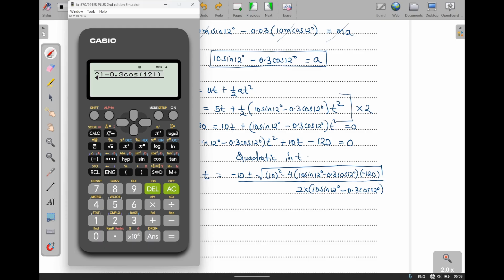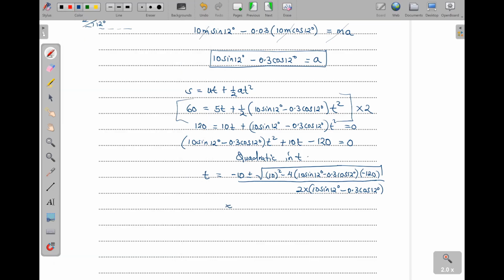Then I close that bracket. Then I come down here and I say 2 into 10 sine of 12 minus 0.3 cosine of 12, and close the brackets. So we have 5.86 to 3 significant figures.